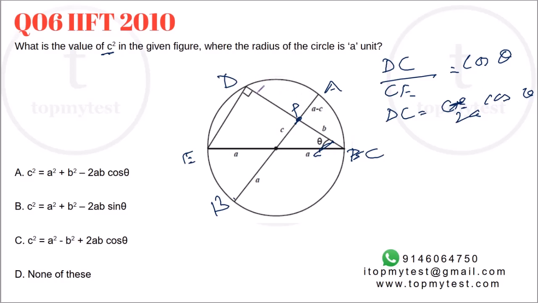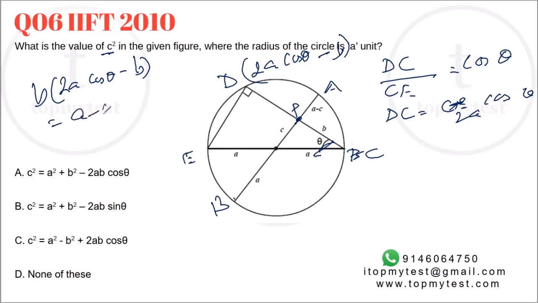So the entire length dc will be 2a cos theta, which means dp will be 2a cos theta minus b. This portion is b. Now let's use the relation pa into pb is equal to pc into pd. So b into 2a cos theta minus b should be equal to c, a minus c into a plus c.